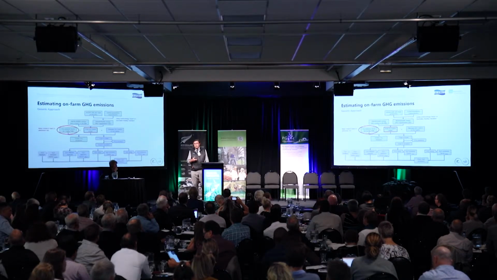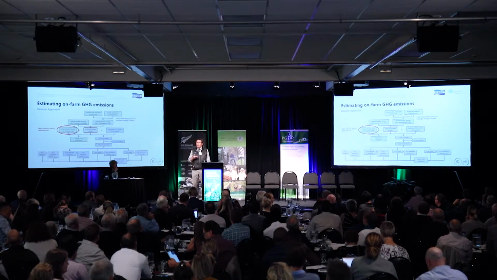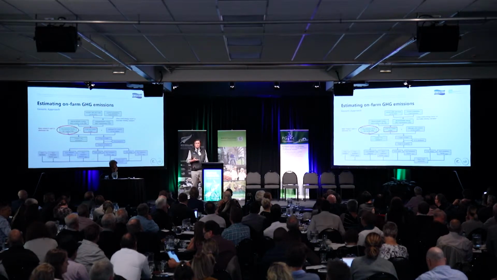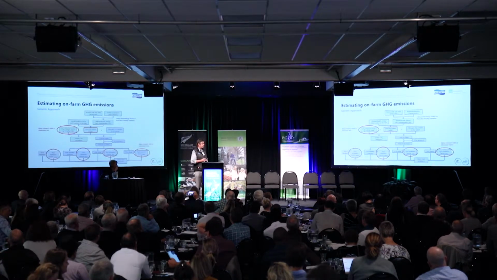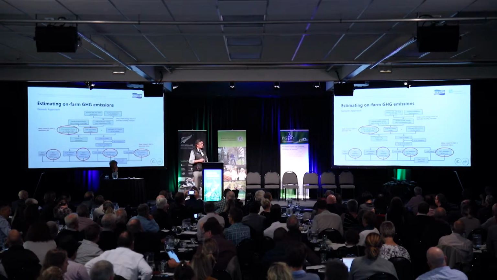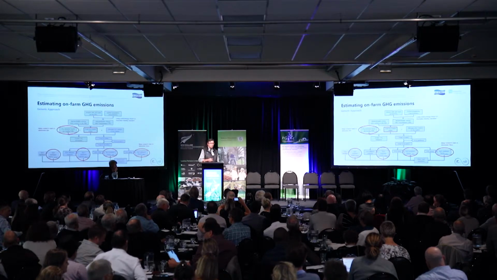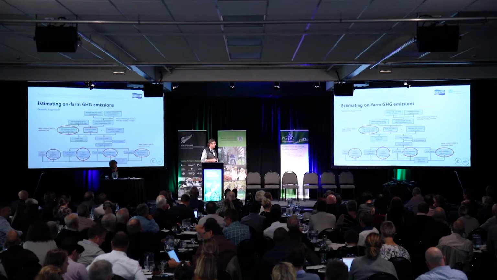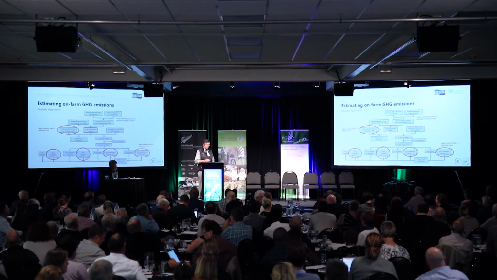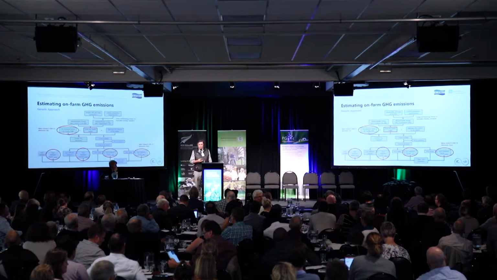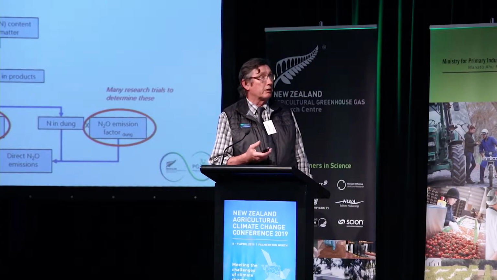In addition to which, you've got your nitrogen fertiliser, which now has three emission factors depending on the type of nitrogen fertiliser. And again, there's been quite a bit of work done to determine those nitrous oxide emission factors.